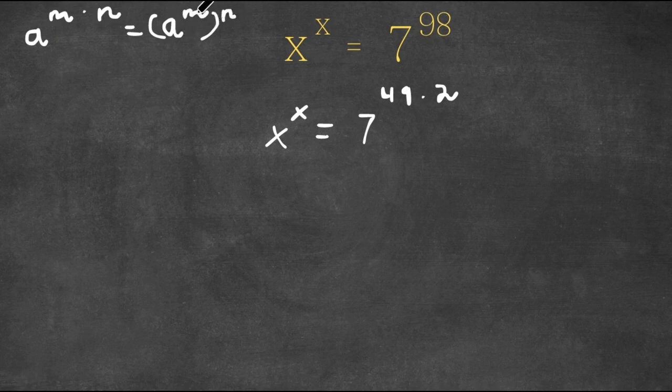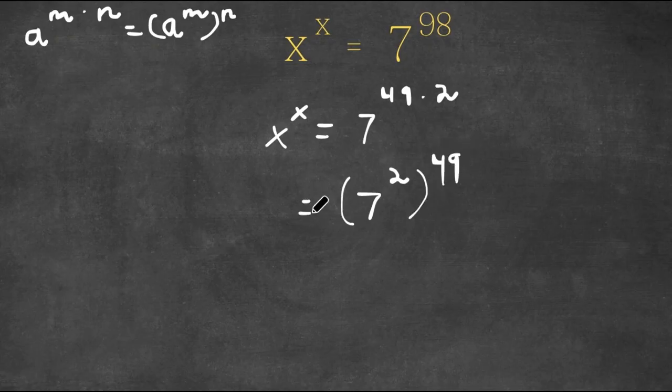So these two can switch places. So for 7 to the power of 49 times 2, I'm going to write this as 7 squared to the power of 49. And this is equal to x to the power of x.